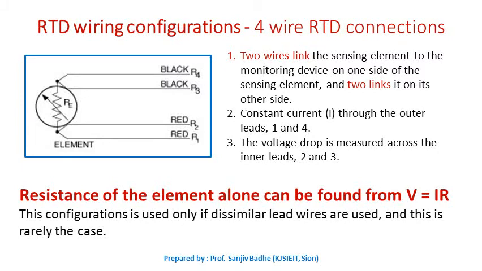In 4-wire configuration, two wires link the sensing element from one side to the monitoring device, and two wires link from the other side. So here R1 and R2, the two connecting wires having the resistance R1 and R2, are connected to one end of the sensing element, and two wires having the resistance R3 and R4 are connected from the other end.